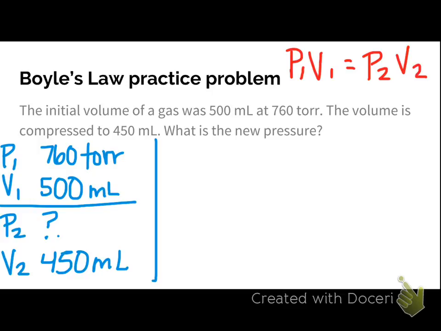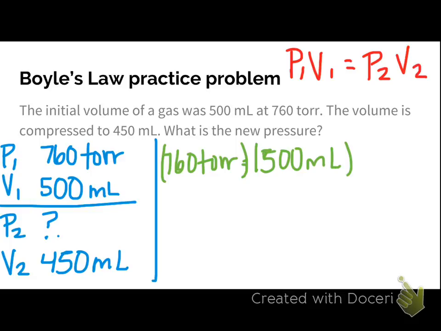Now all we have to do is plug our variables into our equation. So we have 760 torr times 500 mLs equals 450 mLs times your V2.